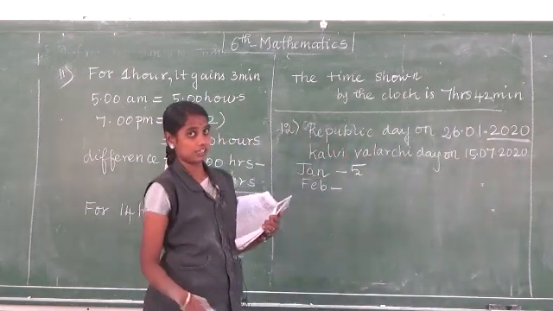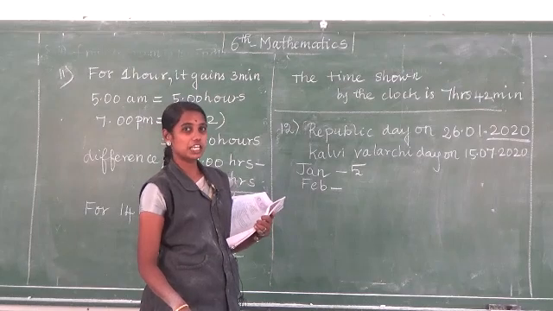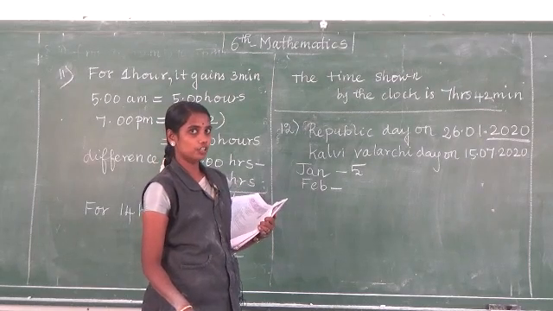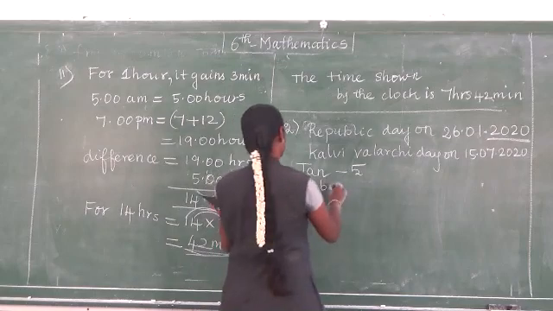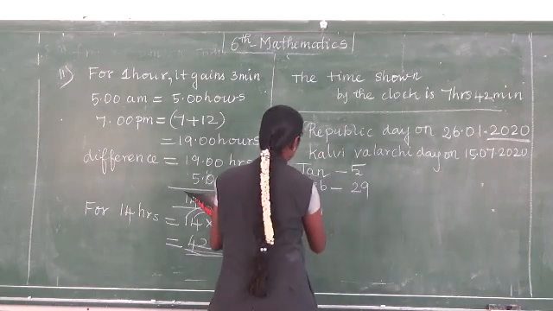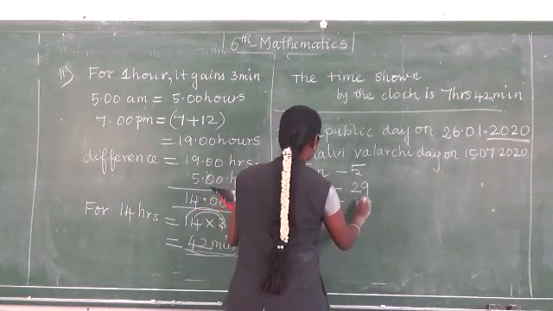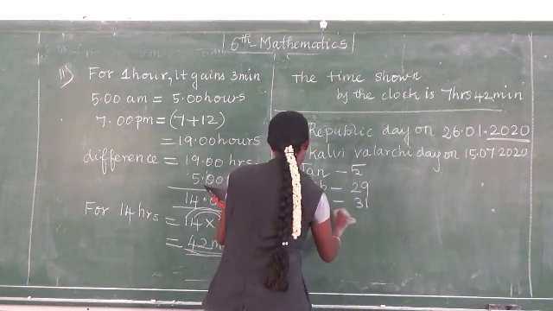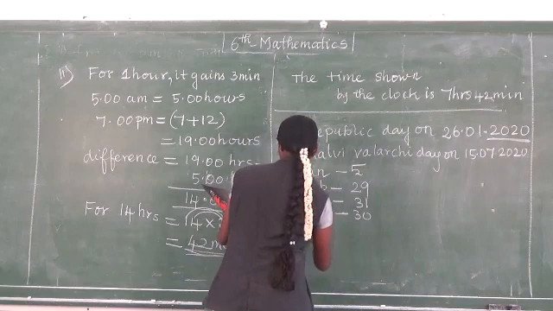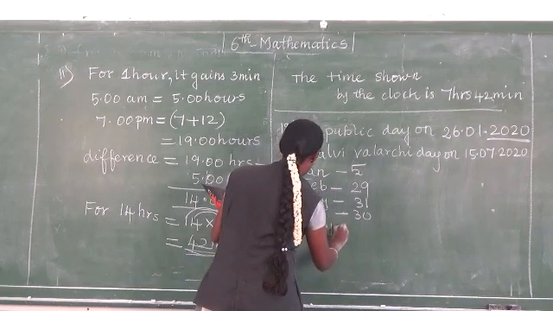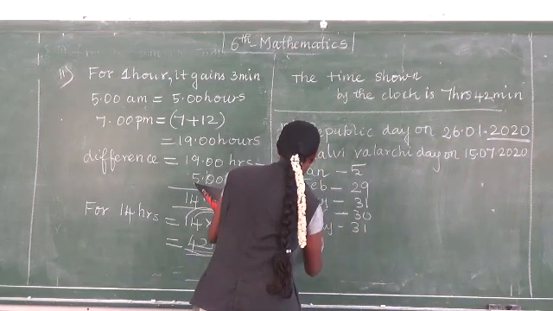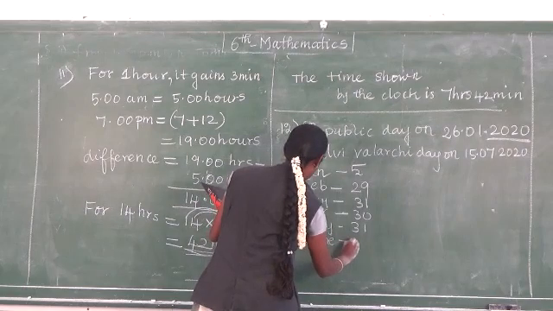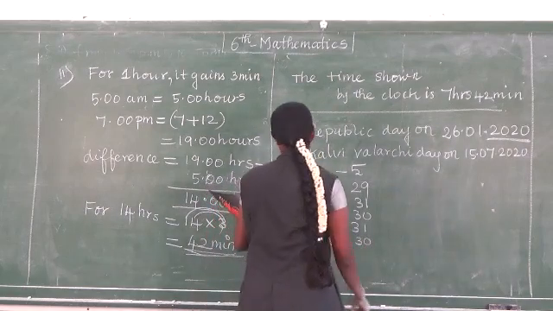So 2020 is a leap year. It is divisible by 4. So February month has 29 days. Then March 31, April 30, May 31, then June 30 days, then July.